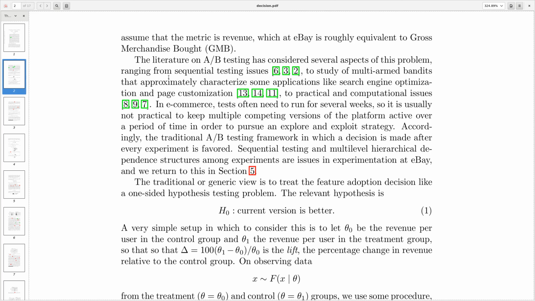In e-commerce, tests often need to run for several weeks, so it's usually not practical to keep multiple competing versions of the platform active over a period of time in order to pursue an explore-and-exploit strategy. Accordingly, the traditional A/B testing framework, in which a decision is made after the experiment, is favored. Sequential testing and multi-level hierarchical dependent structure among the experiments are issues in experimentation at eBay, and we return to this in section 5.